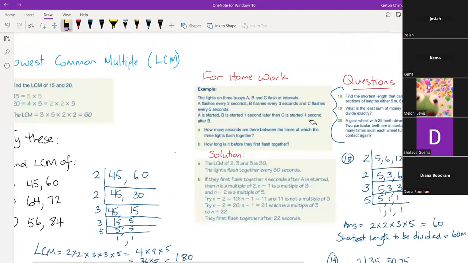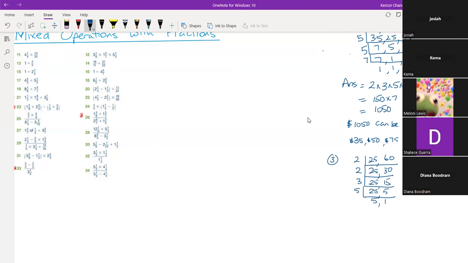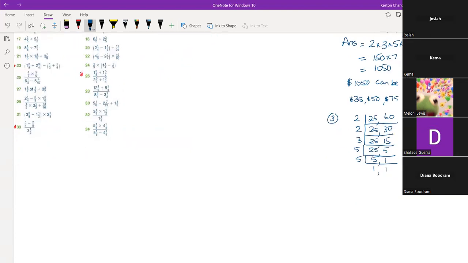And the last one, gear wheels with 25 and 60 teeth. 2 again. 3. 4, 12, 60, 60 by 5, 300.